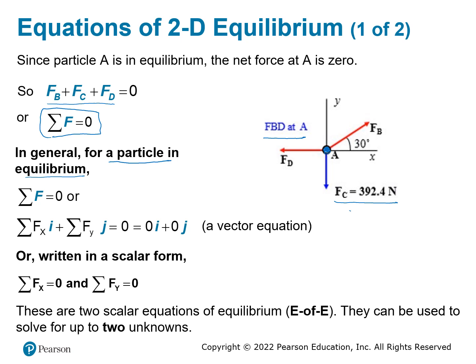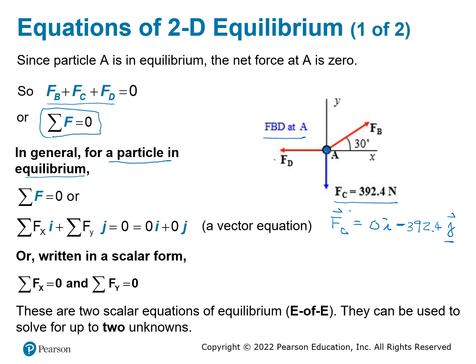So if you want to write F of C in a vector, this will be 0 i and negative 392.4 j. This is negative because it's going down, and this is only in the Y direction, so we have j here.